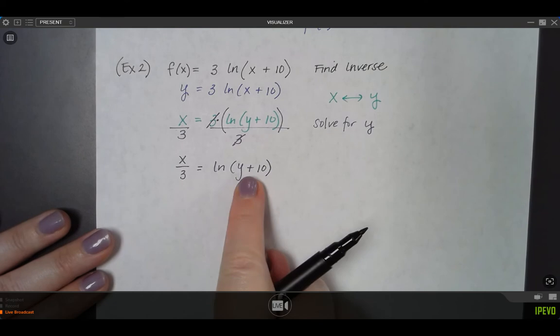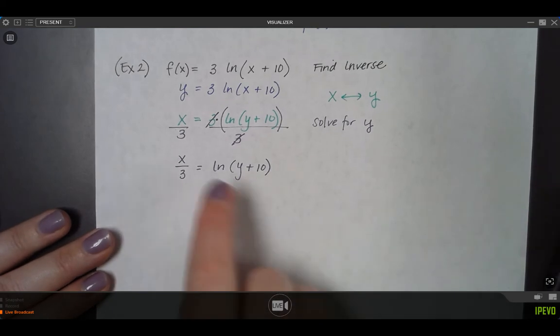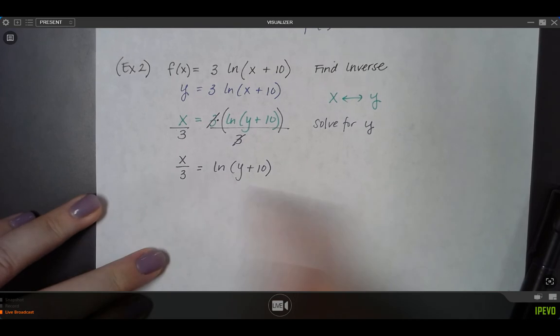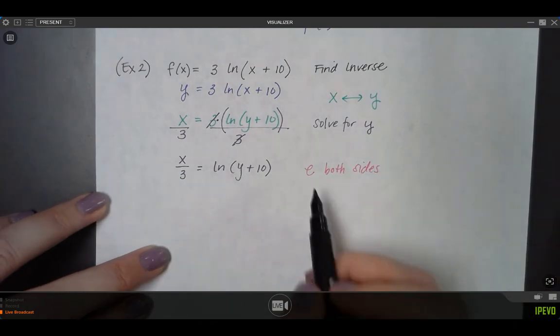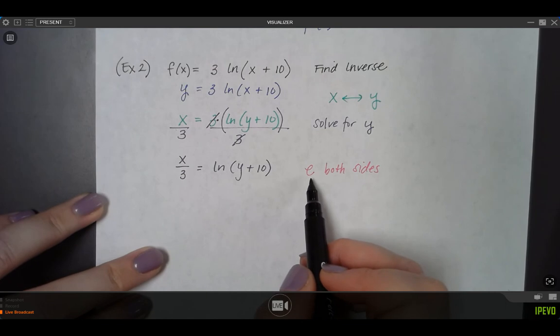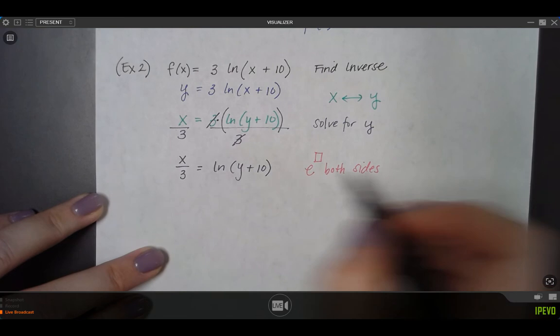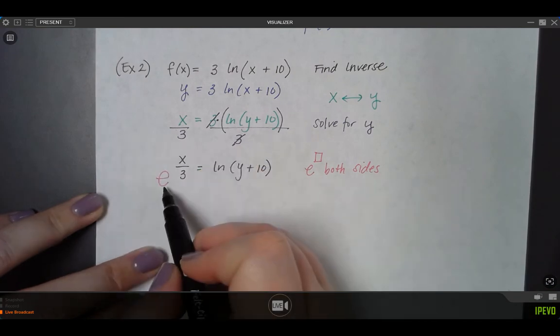Now again, noting that that plus 10 is inside the parentheses, which means the next thing I need to get rid of is the ln, which is my natural log. So the goal here is to do the number e on both sides. Now something to pay attention to is when I e both sides, whatever is there is going to end up being the exponent. So I'm going to make that letter e really large to make sure everyone knows it's the base.